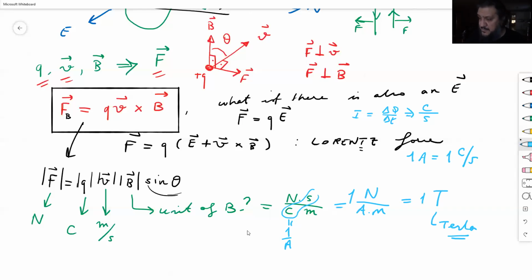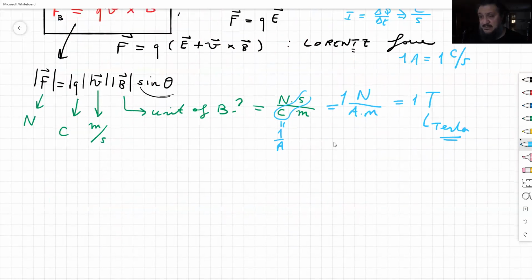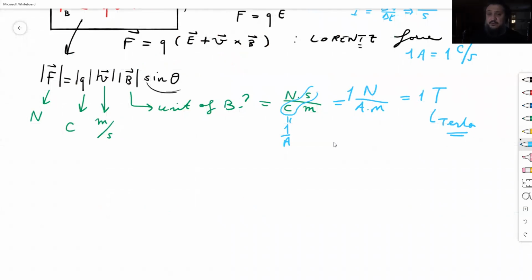Now, Tesla is a big number, okay? A magnetic field of 1 Tesla is a lot. Now, compared to Earth's magnetic field, Earth's magnetic field is in the order of magnitude of 10 to the negative 4 Tesla. That's why sometimes we're going to use another unit, which is called a Gauss, okay? A Gauss.